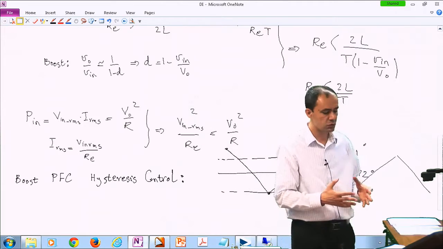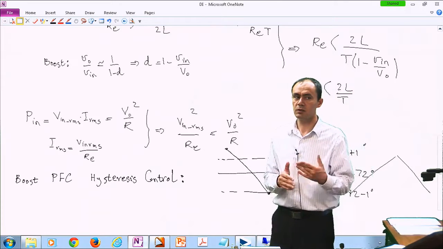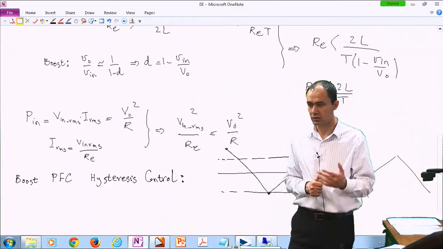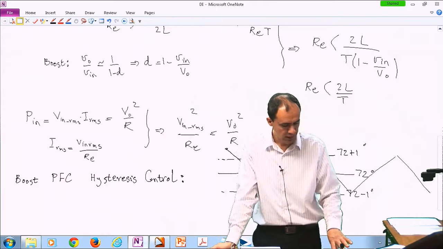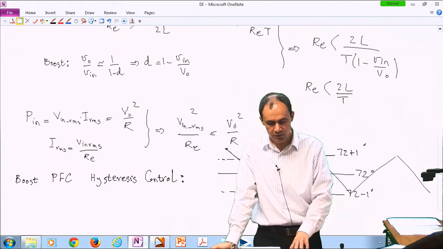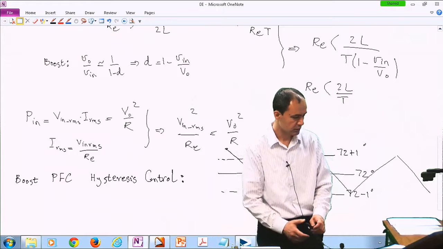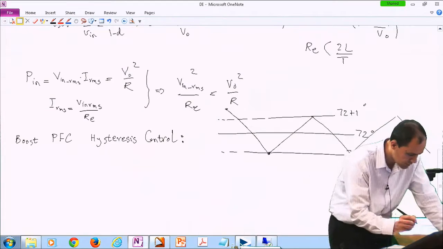Now you can actually do the same thing with the inductor current, because remember, if you turn the switch on, the inductor current rises, kind of like when you turn the air conditioner off here, the temperature rises. And when you turn the switch off, the inductor current falls, kind of like here when you turn the AC on, the temperature falls. So it's actually quite simple.